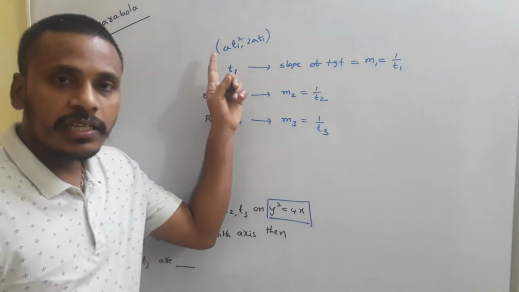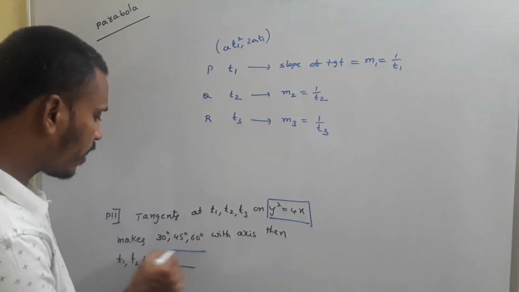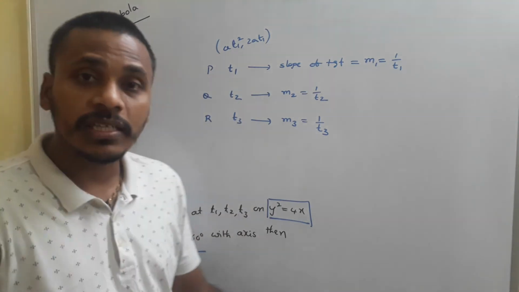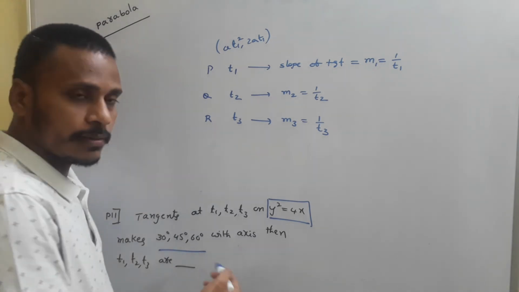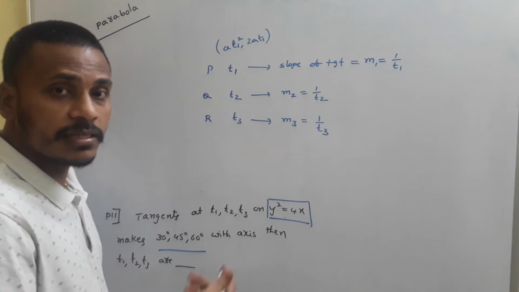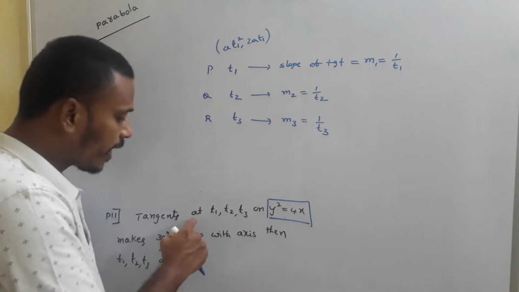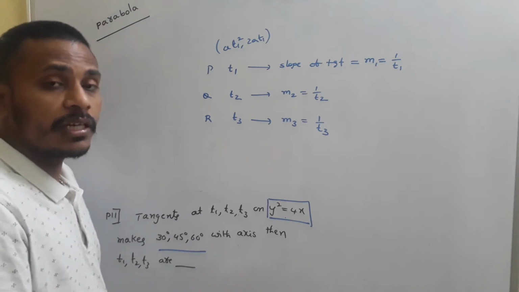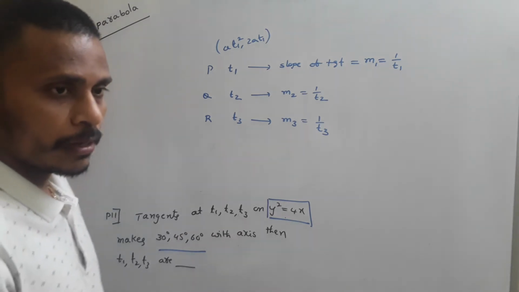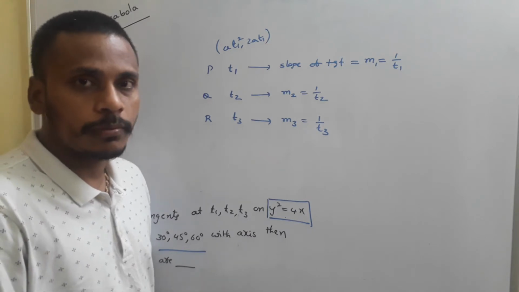Now the tangents at P, Q, R are making angles 30 degrees, 45 degrees and 60 degrees with the axis. So usually the x-axis, because for this parabola the axis is the x-axis. Since these three are the angles made by the tangents at these points, it is easy to calculate the slope. So if a line makes an angle theta with the x-axis, then what is the slope? Tan theta.